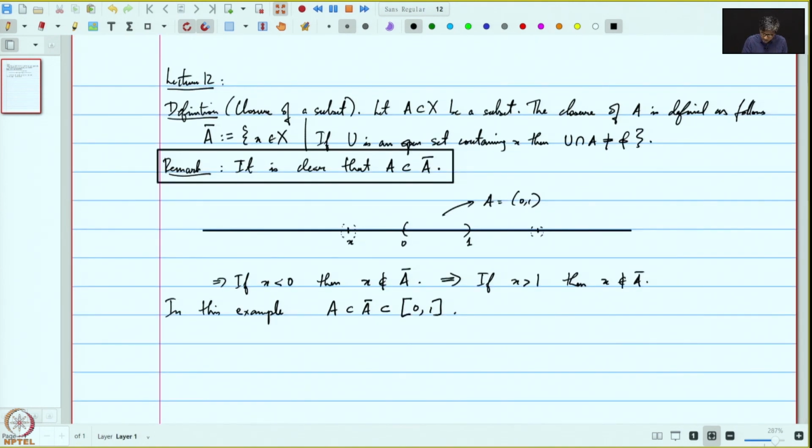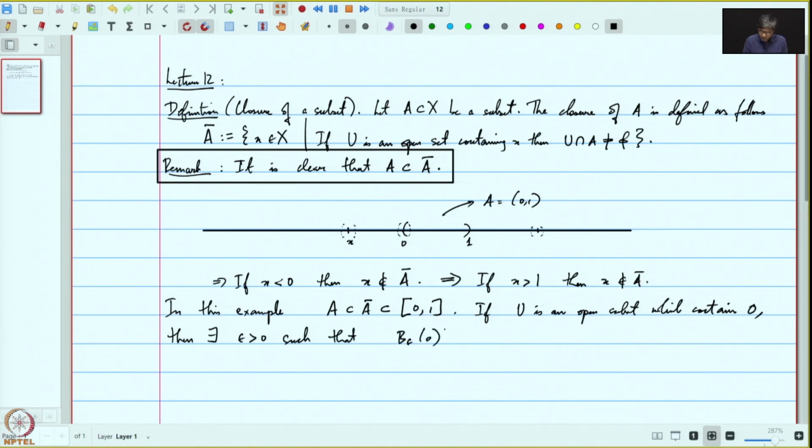If we take 0, then no matter which neighborhood of 0 we take, if U is an open subset which contains 0, then by the definition of the topology, there exists an epsilon positive such that the ball of radius epsilon around 0 is contained in U. But clearly, epsilon by 2 belongs to this ball, and epsilon by 2 is contained in 0, 1.